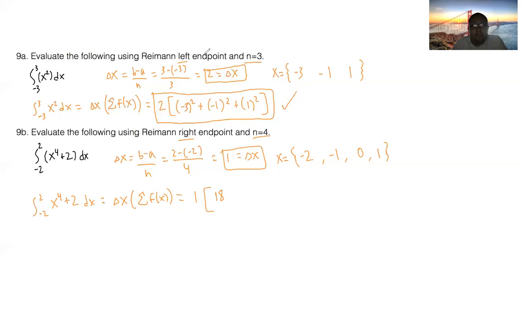Okay? Or actually, let me write this just so you can see it. You have negative 2 to the 4th plus 2. So that's your first sample.